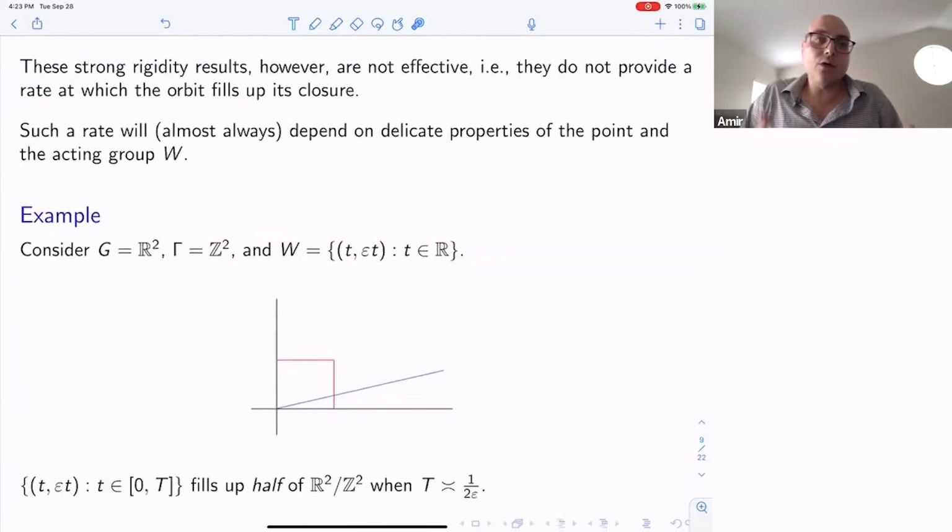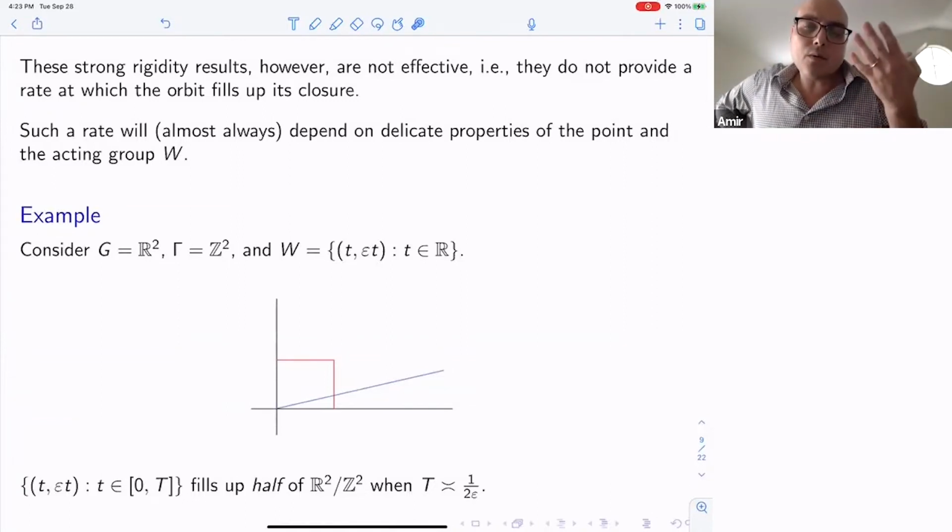So the dynamical approach can give you existence of this approximation, but we might also want to have a rate. That being said, it's quite difficult to actually find these rates. Already for an irrational rotation of a circle, we see that how irrational the angle of rotation is, is important.